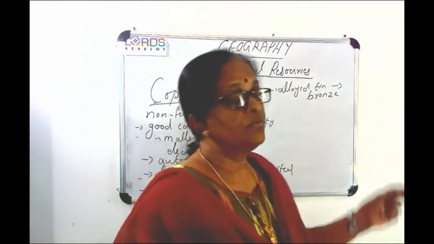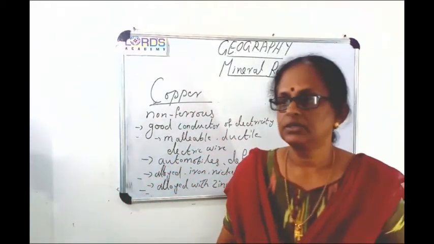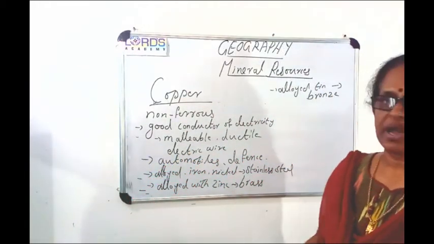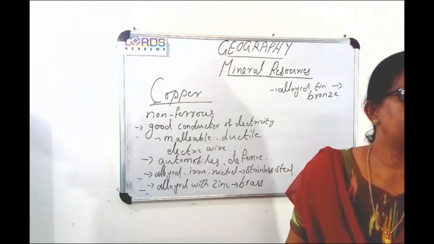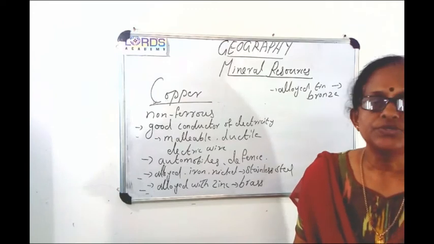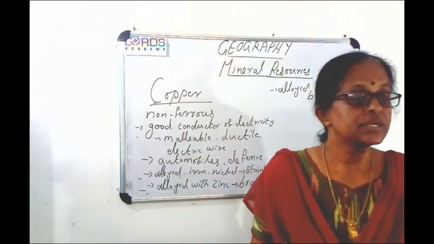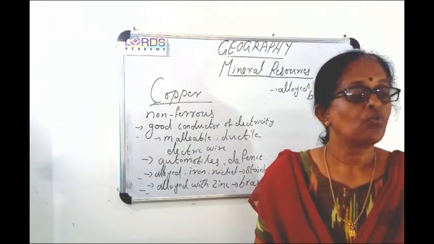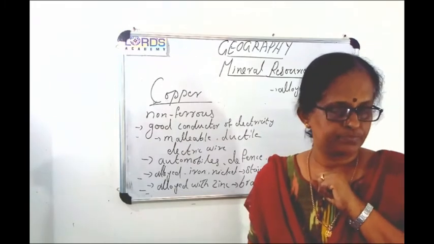Clear? If it is alloyed with zinc, then we will get brass, and if alloyed with tin, we will get bronze. Another use is in building construction, for roofing and plumbing.